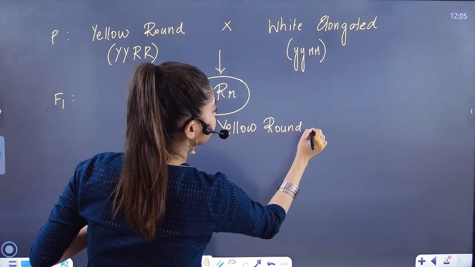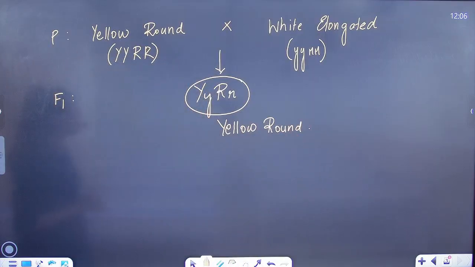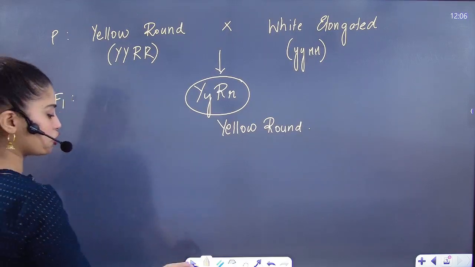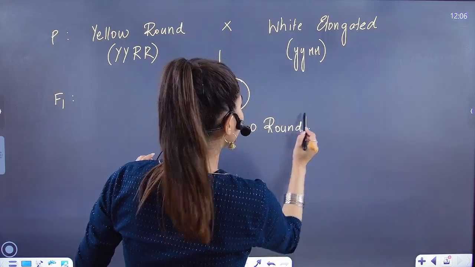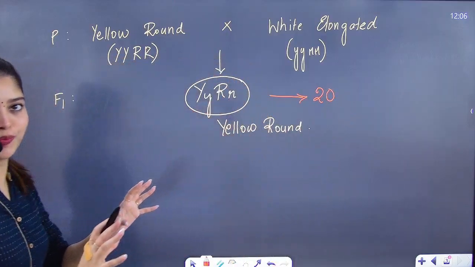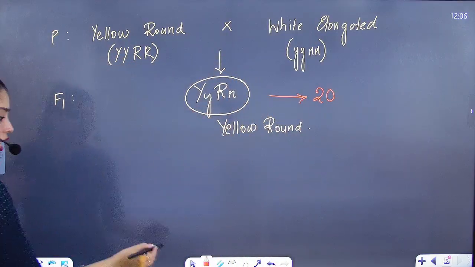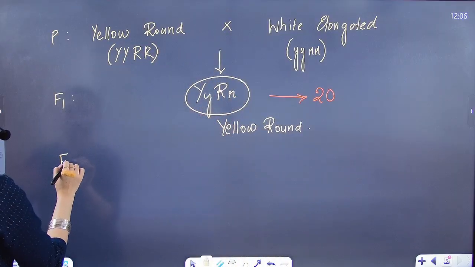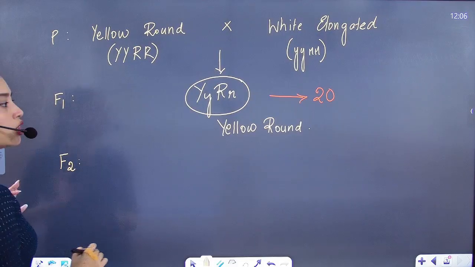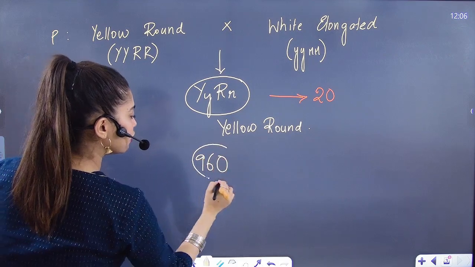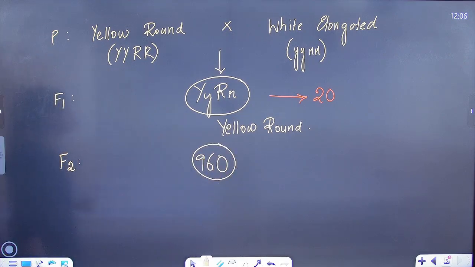Clear till here? The question says 20 offspring survived in F1. In the F2 generation, the total offspring that survived was 960, given in the question.